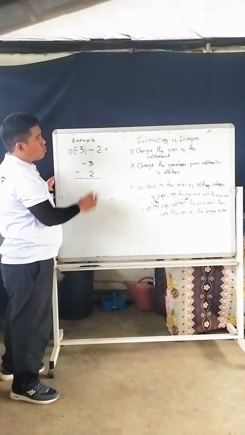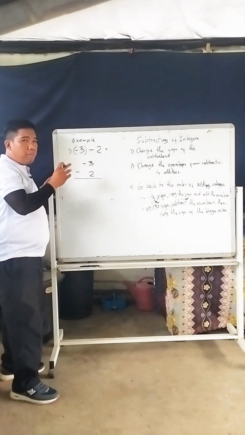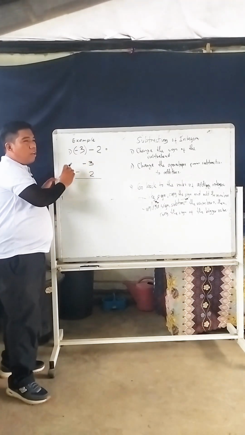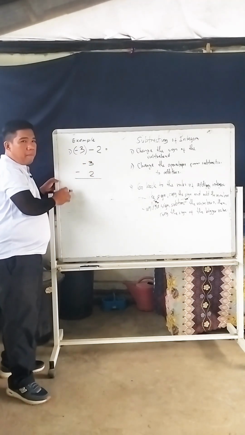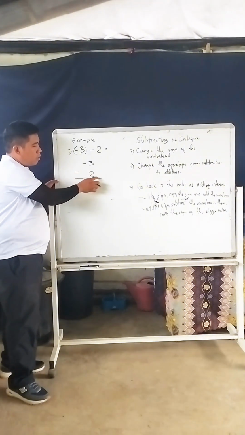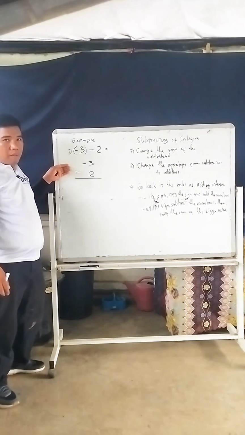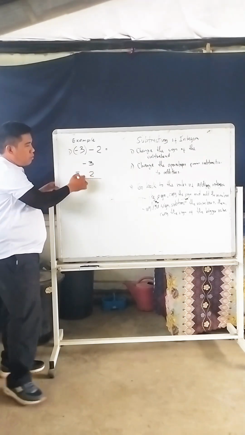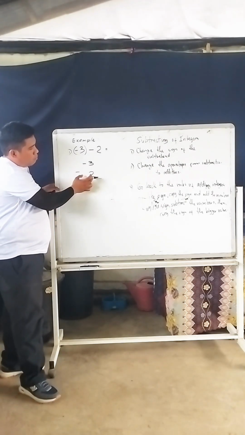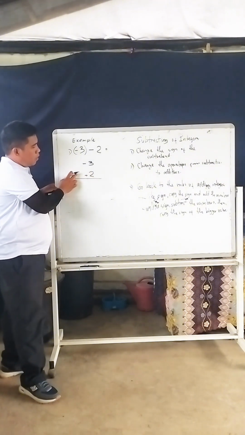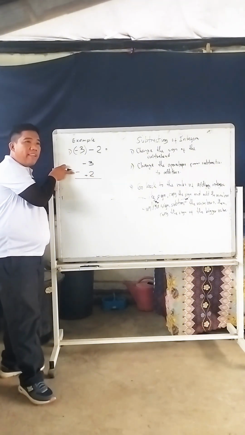So first one is to change the sign of the subtrahend. Okay? So the subtrahend in this given problem is the number on the bottom part of this problem. So this number, 2 here, is positive, because this one is for the operation.